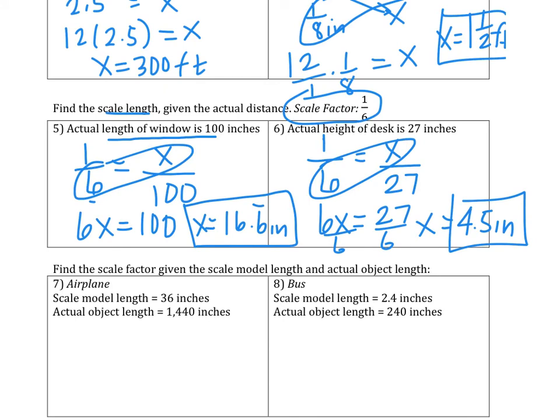Number 7, we want to find the scale factor given the scale model length and the actual object length. So if we remember back at the top, our formula for scale factor is the scale model over the actual object.